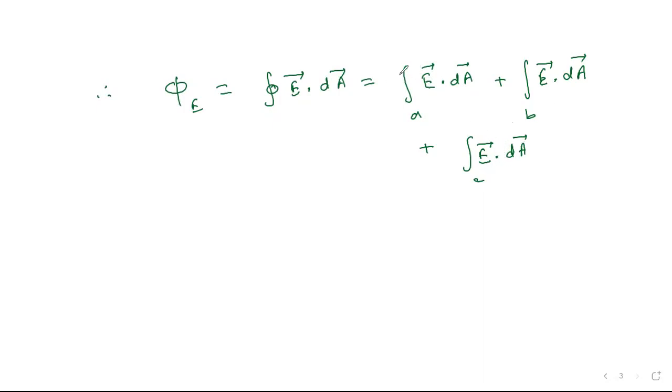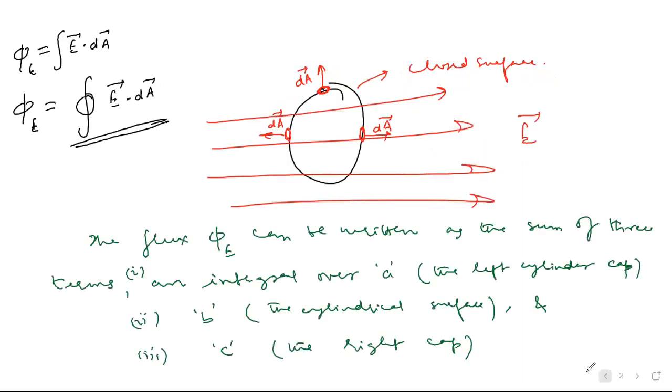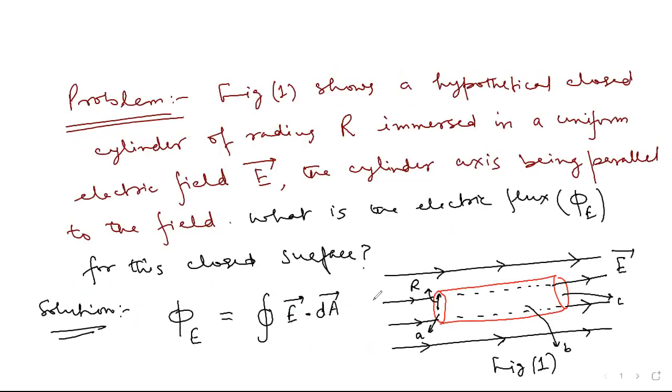Notice we are not placing the circle on these three integrals on the right hand side because they are portions of the closed surface. They themselves are open surfaces, right? Let me show you now in the figure.